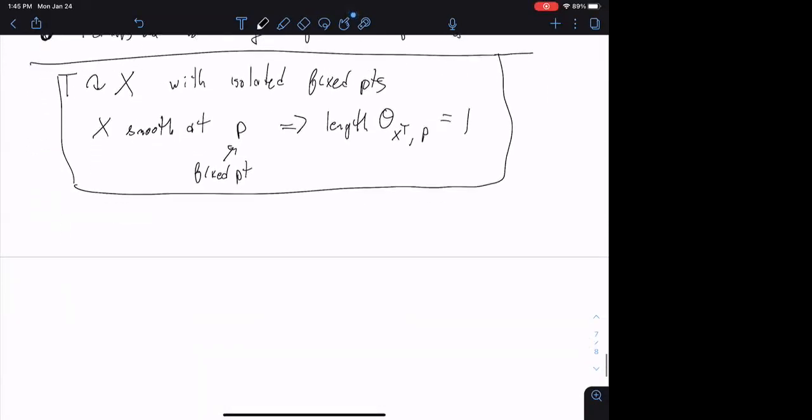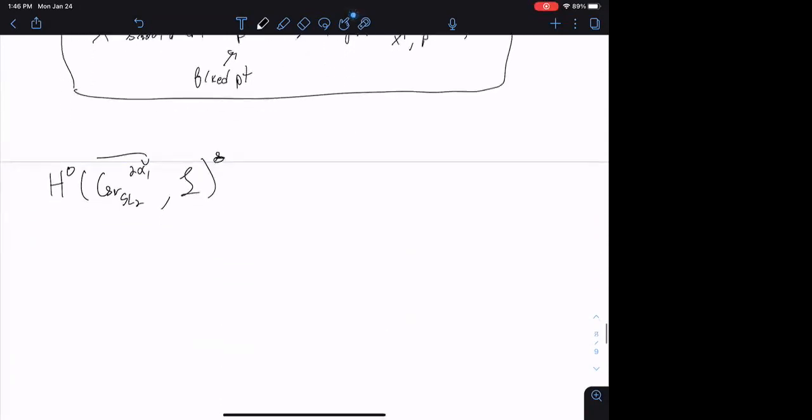So let me write down the affine Demazure module given by global sections on the affine Schubert variety for SL2 of 2 alpha 1 check bar with the ample generator dual. So this is computed using the Demazure character formula. I can write it out with all the weights as follows. It's a Fulton and Harris style description.